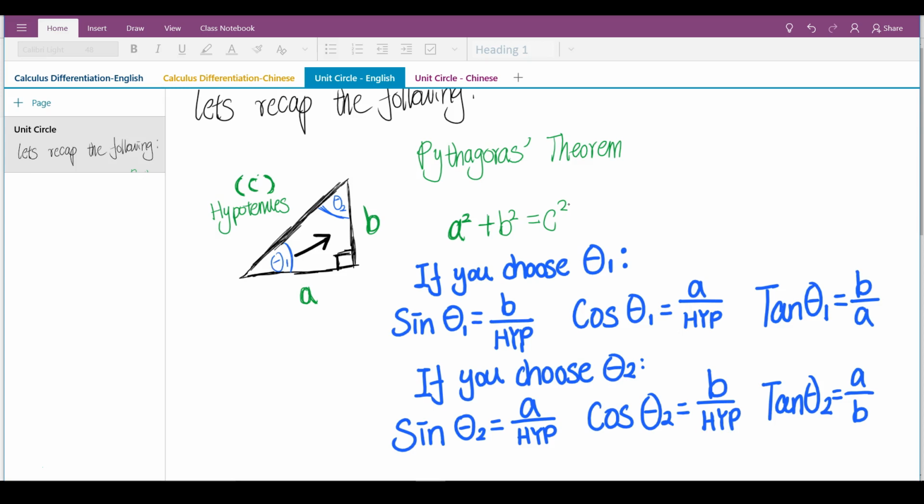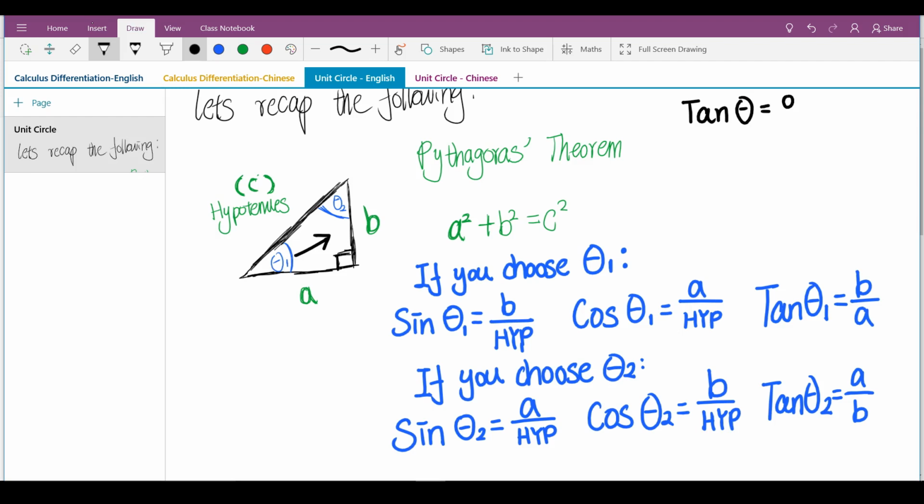So we can literally write something down now. We haven't used black yet. So we got tan theta equal to opposite over adjacent, and then cos theta equal to adjacent over hypotenuse, and sine theta equal to opposite over hypotenuse.